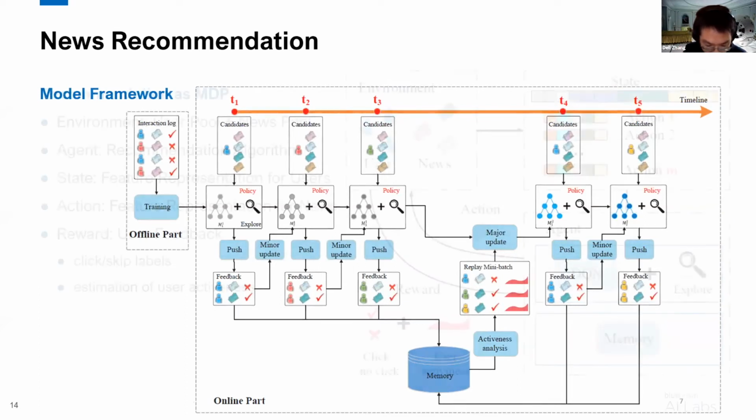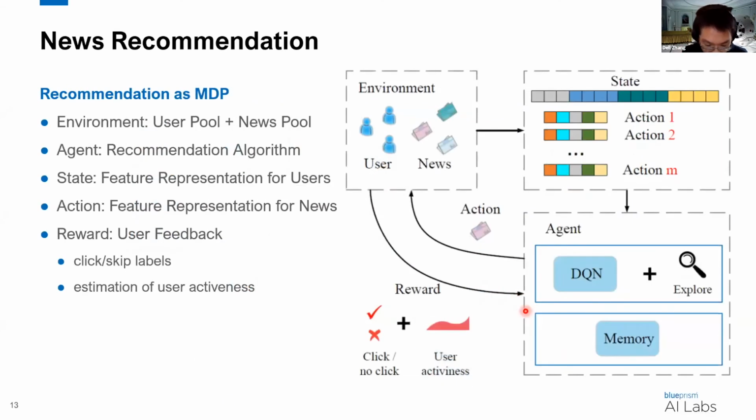So each time when a user requests news, the state representation, which is the feature of users, and a set of the action representations, in other words, the news candidates, would be passed to the agent, which is the reinforcement learning based recommendation algorithm. And then the agent will select the best action from the available news items.